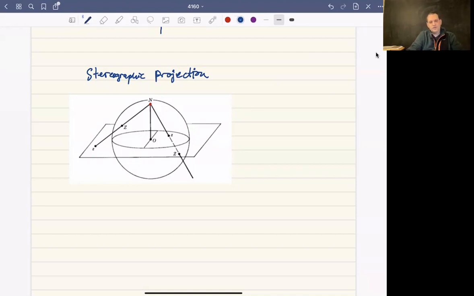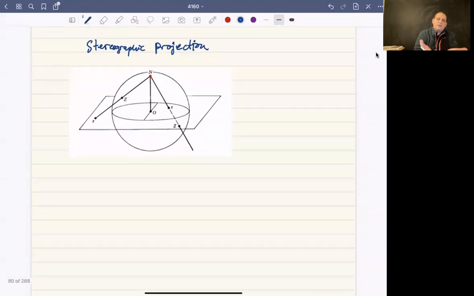Now, what we can do differently in the two-dimensional case, when we're thinking about the complex plane, of course, which is why we're talking about this in complex analysis, is assign the North Pole to get mapped to infinity.